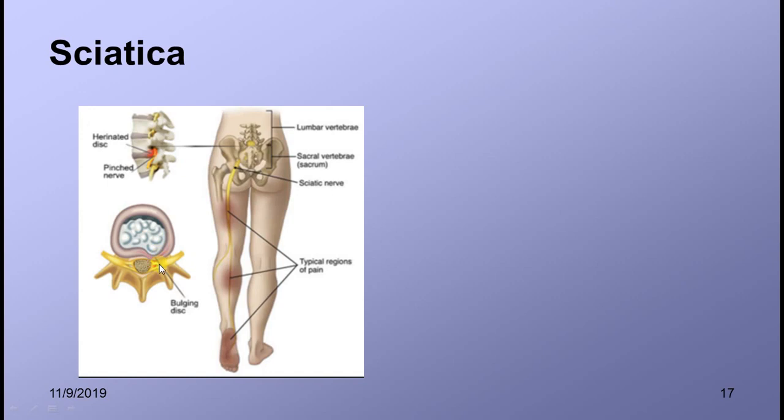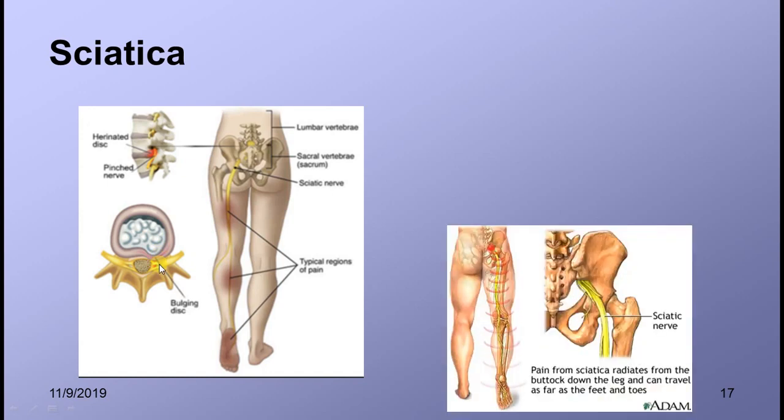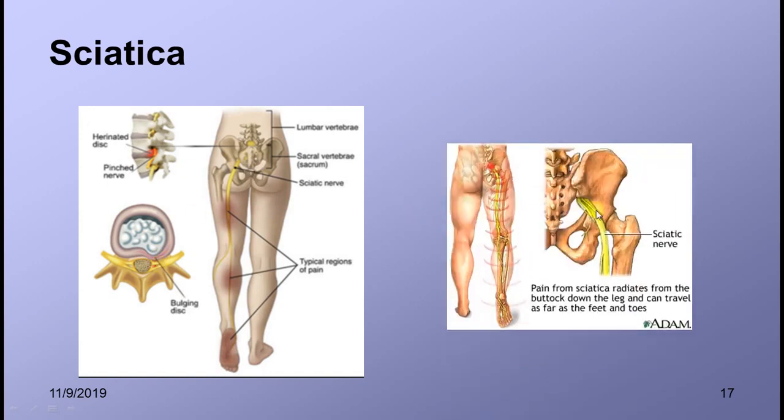This herniated disc might compress the rootlets of the sciatic nerve. Due to this, pain radiates from the gluteal buttock region down the leg and can travel up to the feet and toes. It is called a shooting pain or sciatica, which is distributed along the posterior part, starting from your buttock down to your feet and toes.